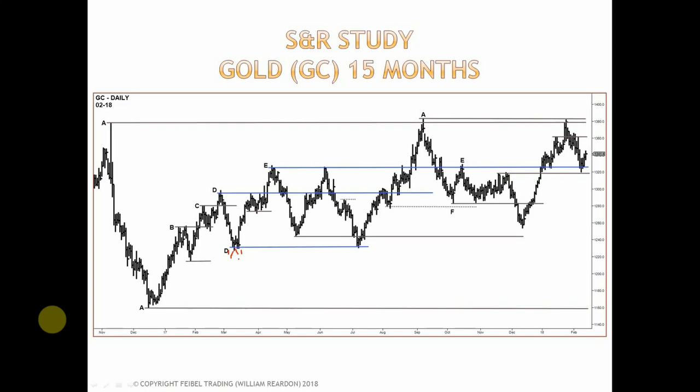Logically thinking, in my mind, this is the level that's important because it's been tested. If say this is where we come down, we have a bar closing there, and we come up, and then we come back down, we get another one, then I would draw it from the lows, but we don't.